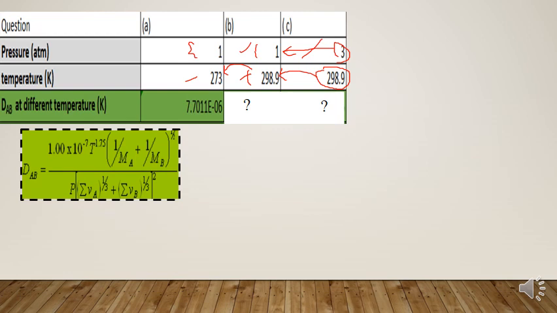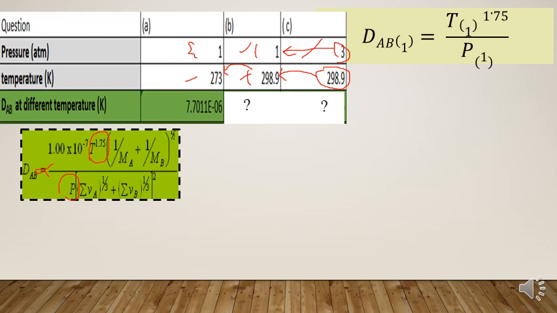From the formula of Fuller et al., we know that the DAB is proportional to T to the power of 1.75, where T is the temperature, and it is inversely proportional to pressure. Therefore, we can make this correlation.